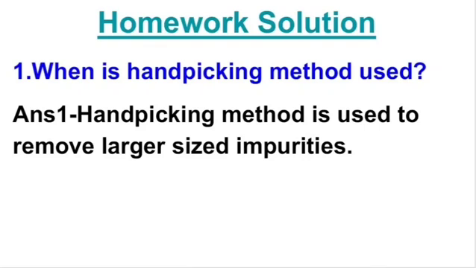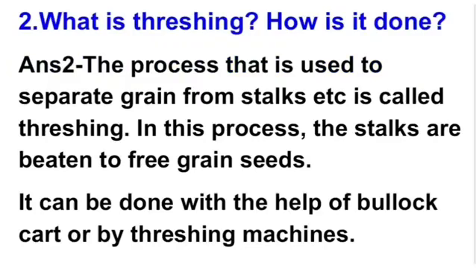The answer is, the hand picking method is used to remove larger size impurities, like for removing stones from rice and pulses. So for removing larger size impurities, hand picking can be used.